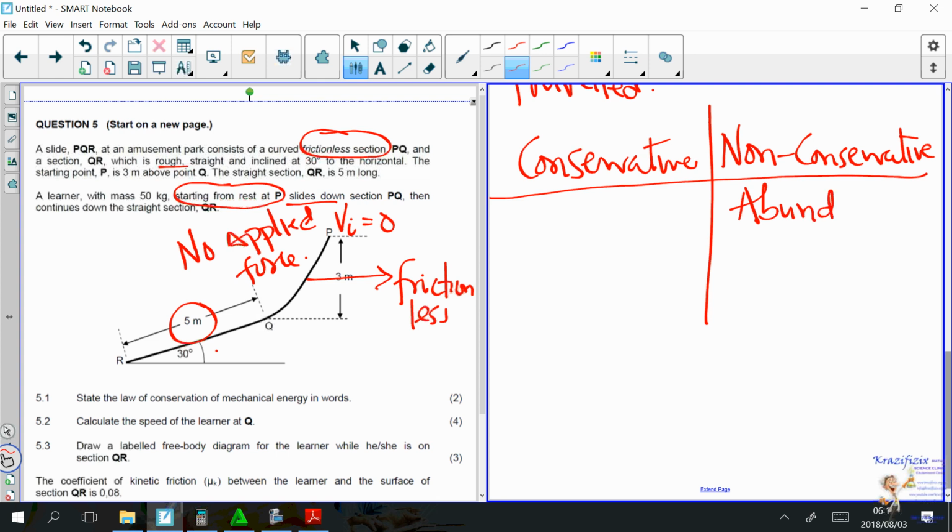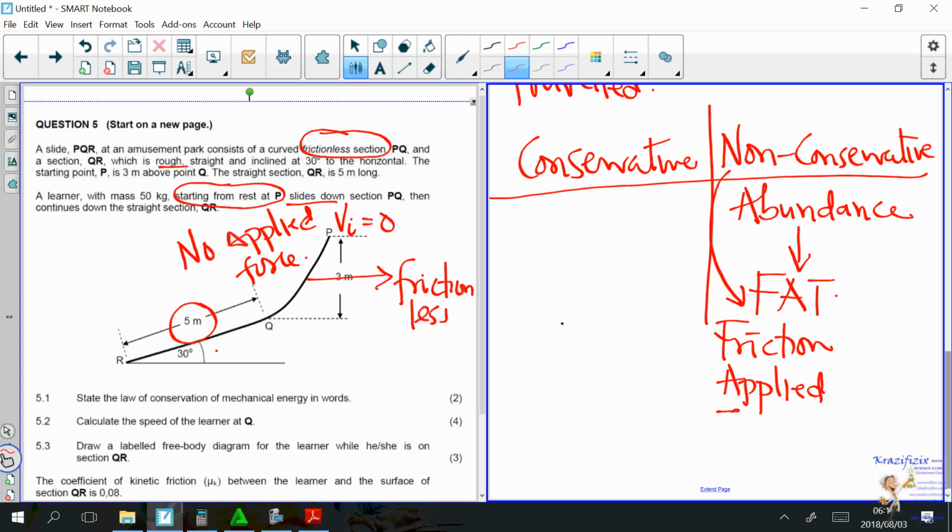When somebody is abundant, we say that person is fat. So non-conservative simply means what? Fat. Now, what does my FAT mean? Remember, fat, abundance, non-conservative. FAT simply means friction, applied force, and tension. Now, these are examples of non-conservative forces.